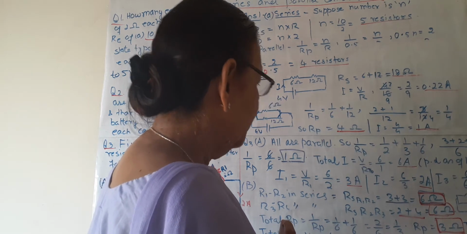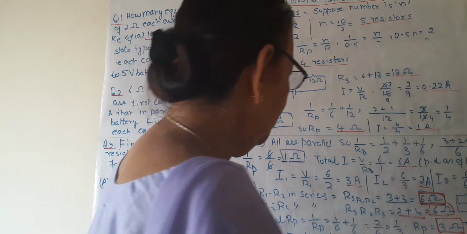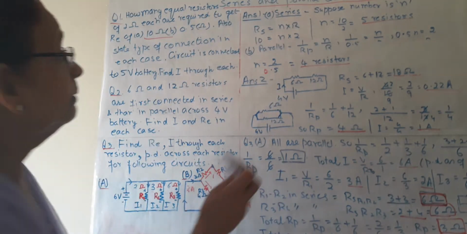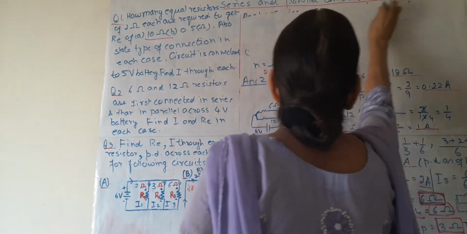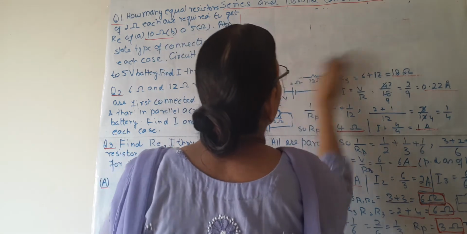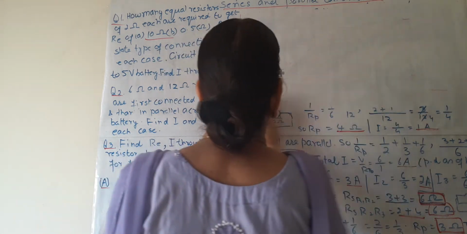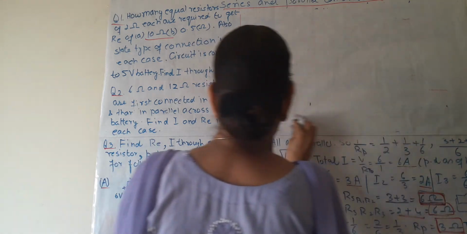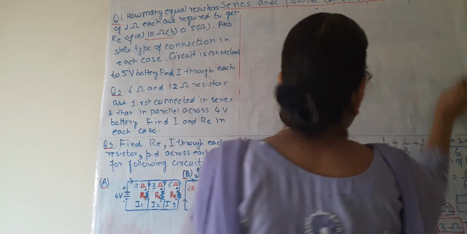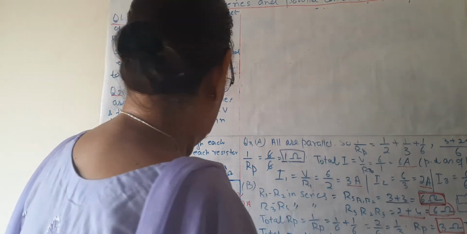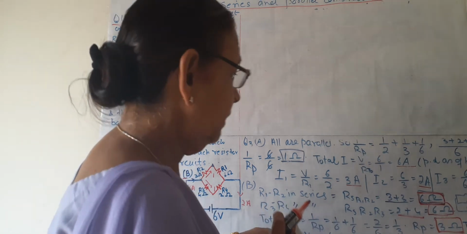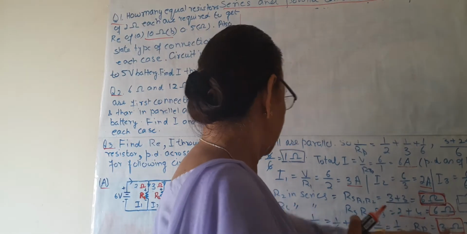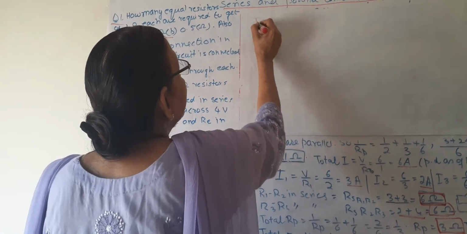Now about the potential difference. V is equal to IR, all of you know. You cannot see here, I think. Okay, so I will rub this. Is it shown in the video? The total R is 3 ohm. Now I will write again.